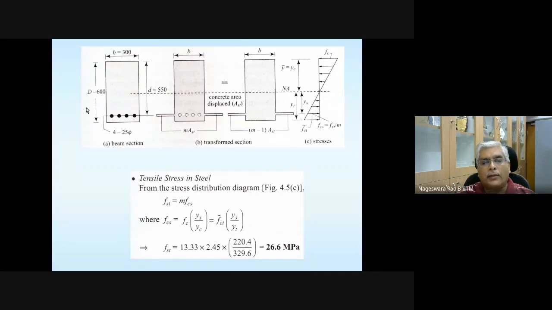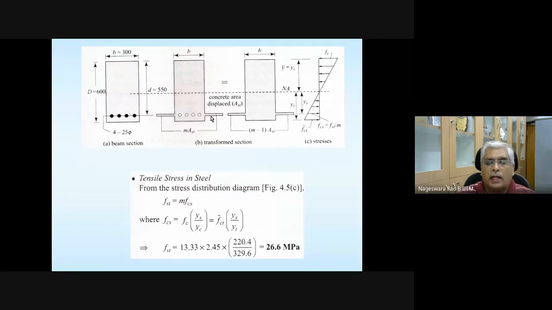MCR is equal to FCR times IT divided by YT. We calculated this assuming the transformed area, neglecting the steel area contribution as well as including the steel area contribution. We calculated what MCR is. MCR is nothing but the cracking moment.